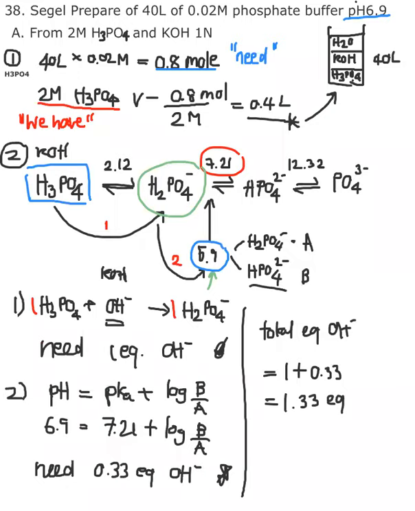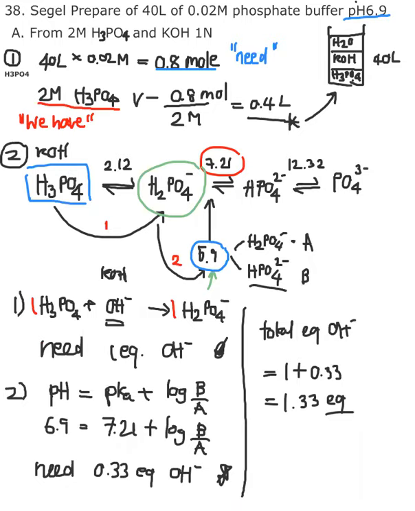So this is equivalence. It's not moles, it's not molarity, it's not volume. So you need to change equivalence into moles. And then we're going to know how many moles of hydroxide ion we need to add into the beaker, and then we can calculate the volume of KOH from what we need.